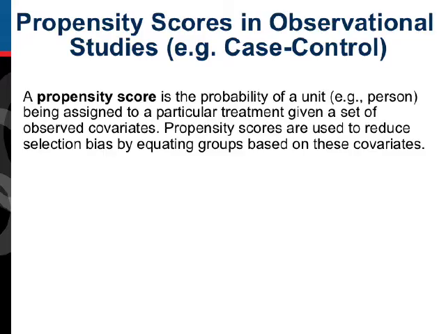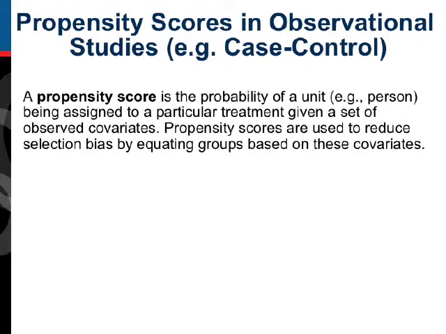The last thing I'm going to talk about is a newer concept, and it's called propensity scores in observational studies. And we'll take an example in case controls. It's trying to make the case control or a cohort study more similar to a randomized trial, by trying to balance for the risk factors that we think are related to the occurrence of the outcome.